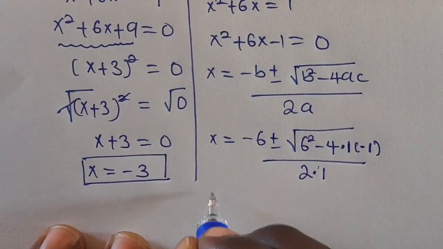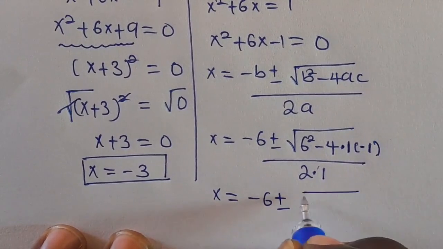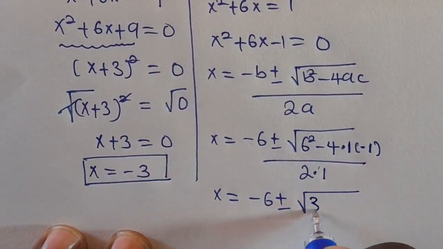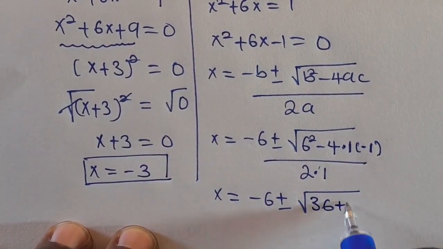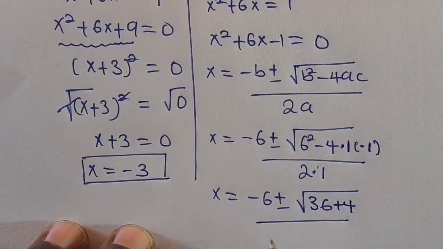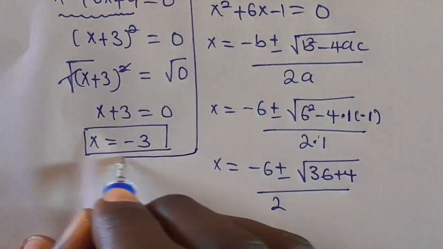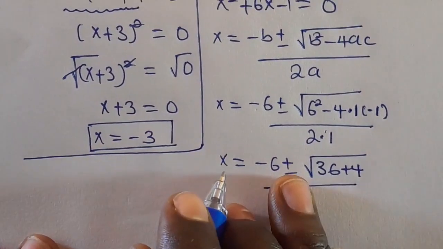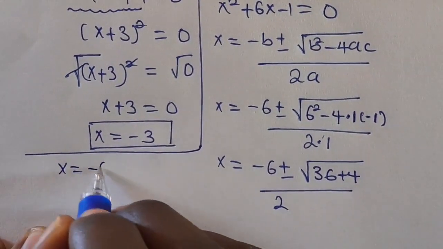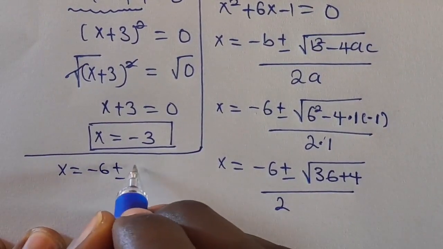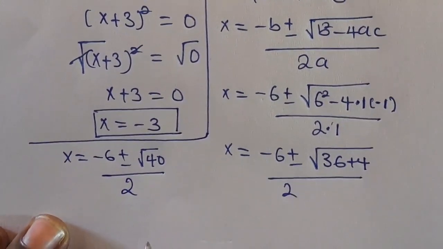Then x equals minus 6 positive or negative square root of 36 plus 4, divided by 2. So x equals minus 6 positive or negative square root of 40 divided by 2.